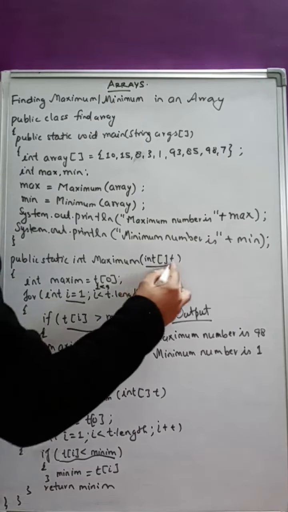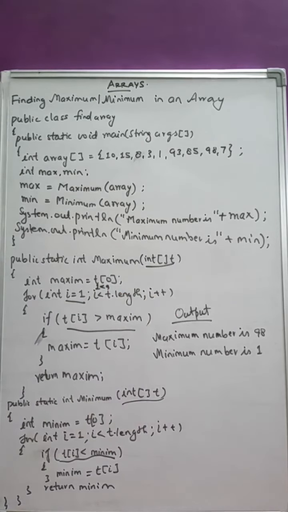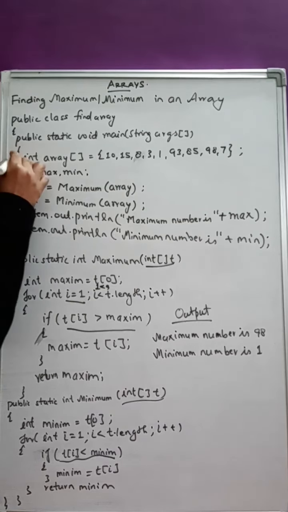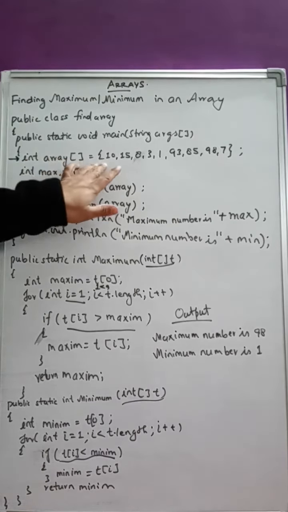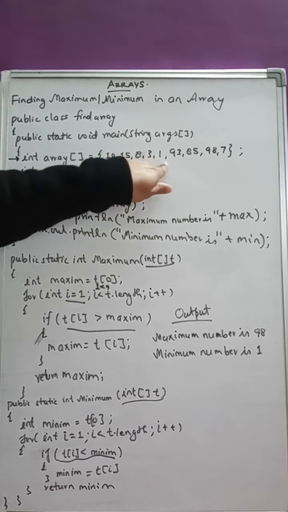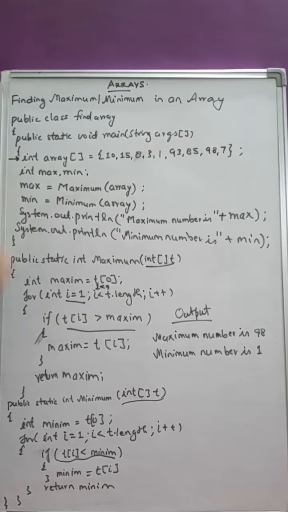Over here you can see that array is taken as an input. So how will the array be taken if it is not declared in the main function? In the first line of this code, we have declared the array by the name array, and we have used 10, 15, 8, 3, 1, 93, 85, 98 and 7.